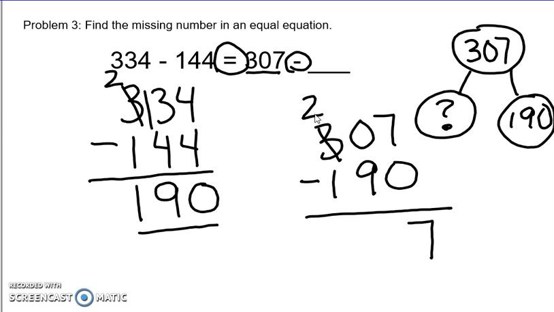Take 1 away, it becomes a 2. Give 10 to the 0, so now this is a 10. So 10 minus 9 is 1. And then 2 minus 1 is 1. So my missing number is 117. I needed to make a number bond and to think about how I was going to solve for that missing number.